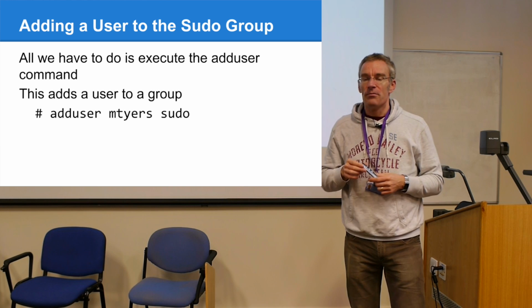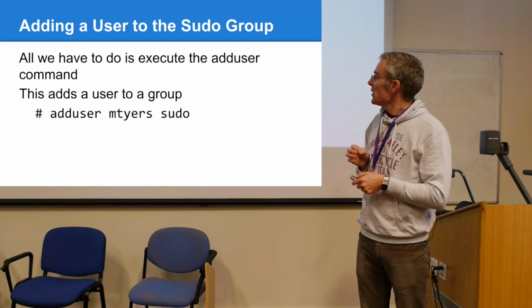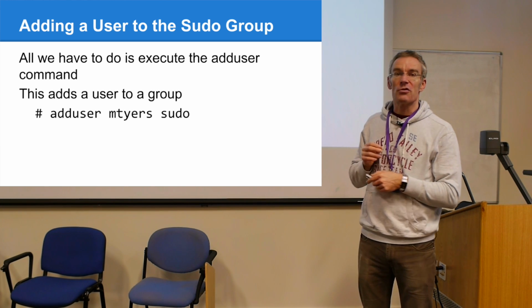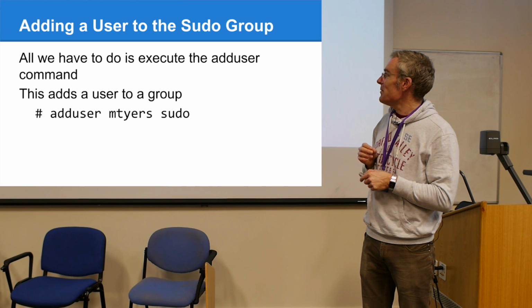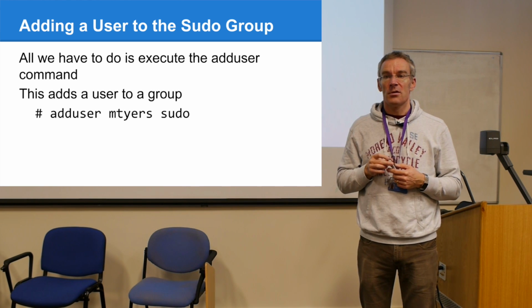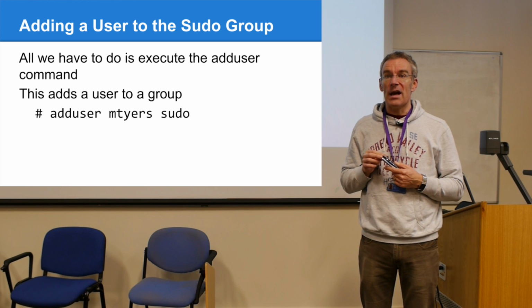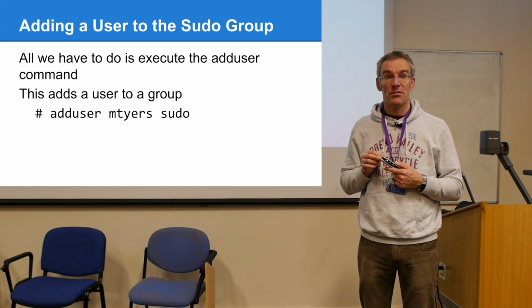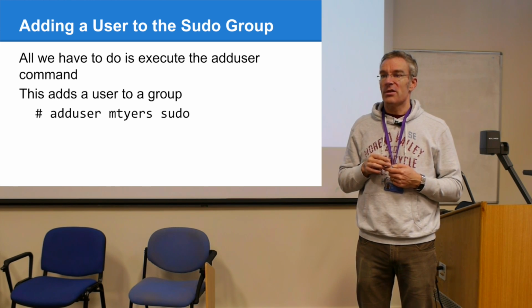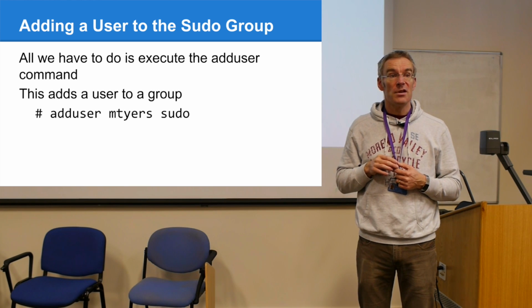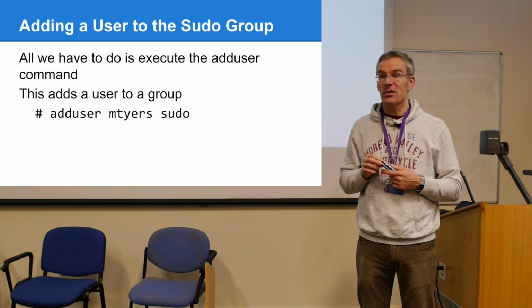And that's all you have to do. So if I want to add myself to the sudoers group, I would say adduser mties sudo. Only root can add people to the sudo group. So in other words, the last job you ever do as root is going to be to add your user account to the sudo group.